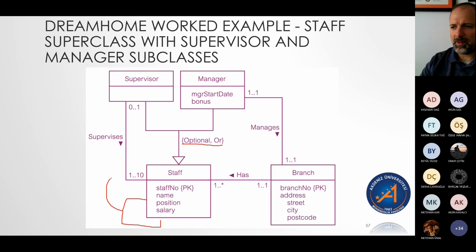But now we've been able to move that to say that particularly supervisors are allowed to supervise other staff. Remember before, you could technically put anybody in as your supervisor. There were no rules on this.